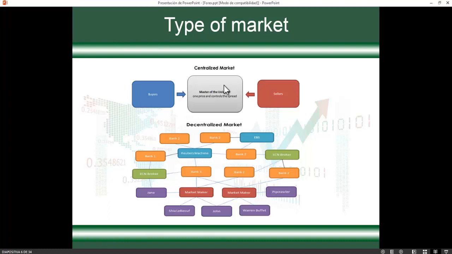Unfortunately, and I say unfortunately for reasons that you'll understand later, we work on a decentralized market. In this market, there is no official entity that controls the price. There is no one unique price, and there is no specific price for a demand and a supply, the bid and ask for the asset that you're buying and selling.